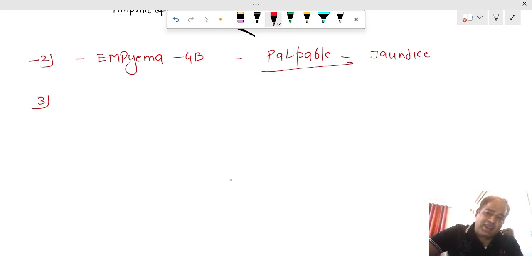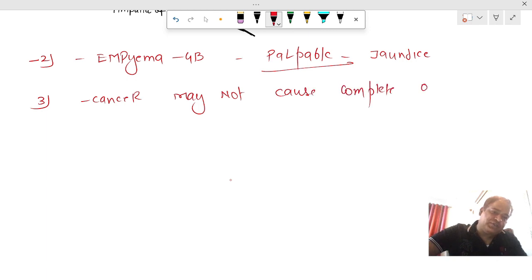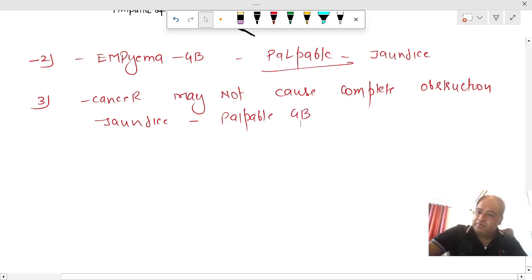The third vague exception is that sometimes the cancer may not cause complete obstruction. So in that case, jaundice will also not be there, and palpable gallbladder will also not be there, right?